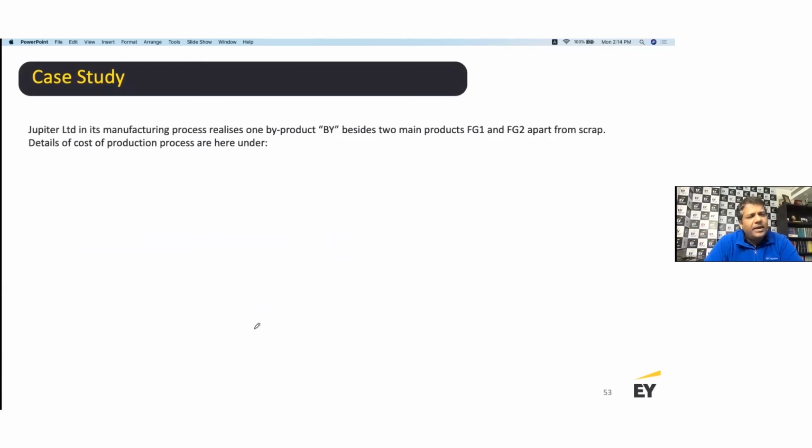Now, Jupiter Limited, in its manufacturing process, realizes one byproduct besides two main products, FG1 and FG2, apart from scrap. Details of the production process are as under.